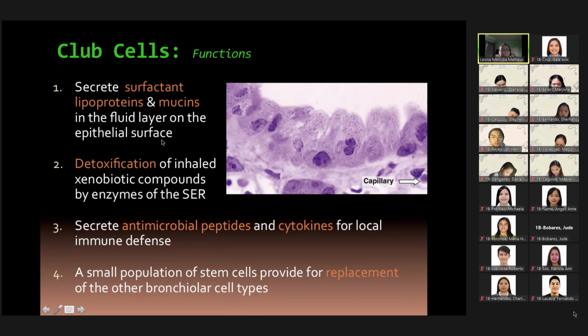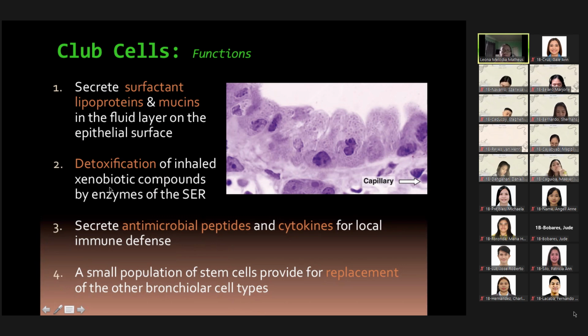Aside from that, the secretion of the club cells can detoxify inhaled xenobiotic compounds, specifically by the enzymes coming from the smooth endoplasmic reticulum. So in the epithelium, we have the surfactant lipoproteins and mucins, and in the smooth endoplasmic reticulum, we have the enzymes that can detoxify xenobiotic compounds.